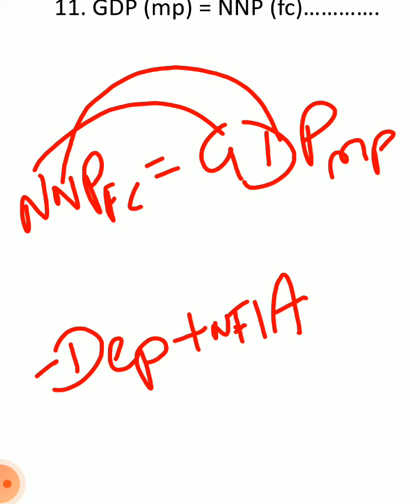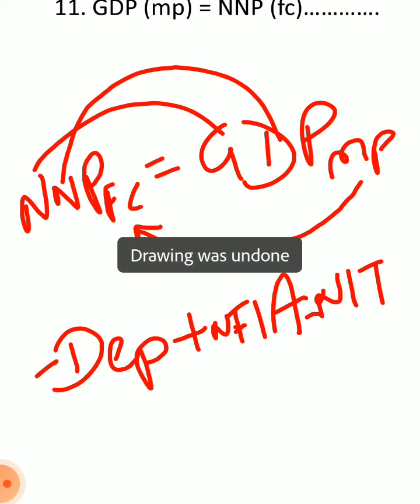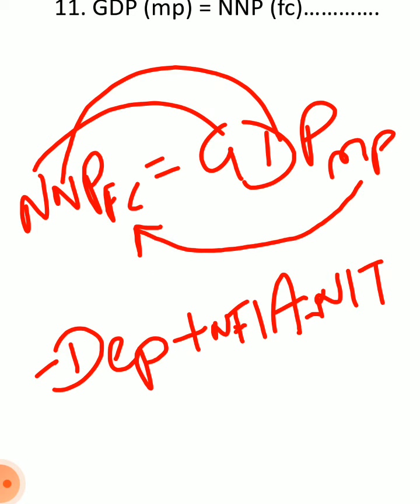Now we will convert market price into factor cost. When we go from market price to factor cost, what will we do? We will minus NIT. Instead of these alphabets, we will put the values here. After adding and subtracting, the final value of NNP FC will be calculated.